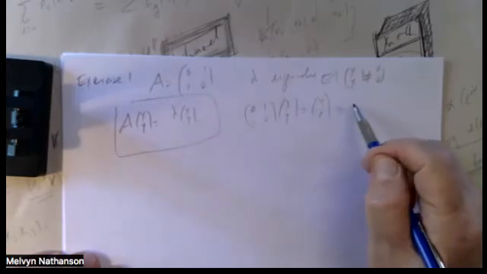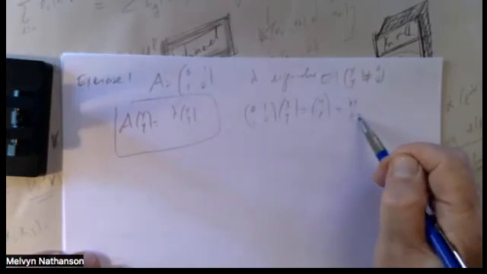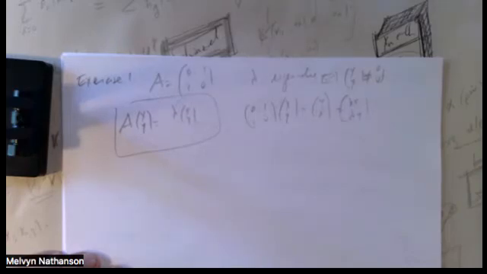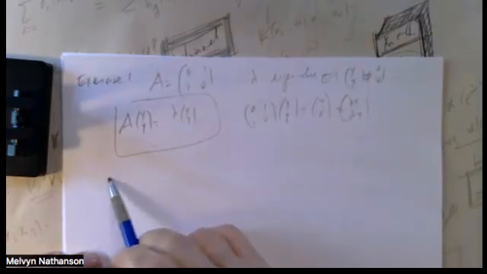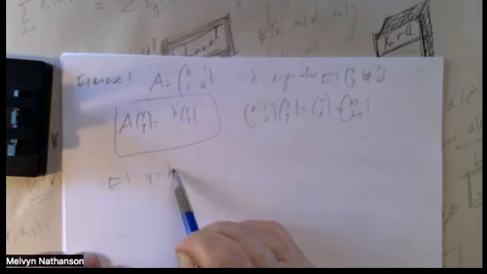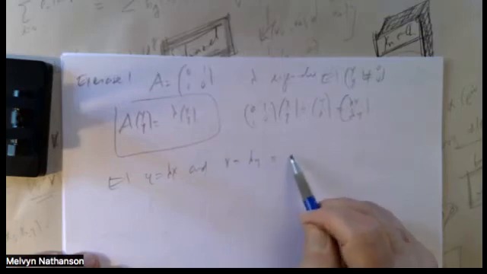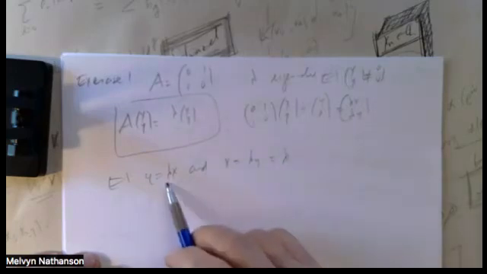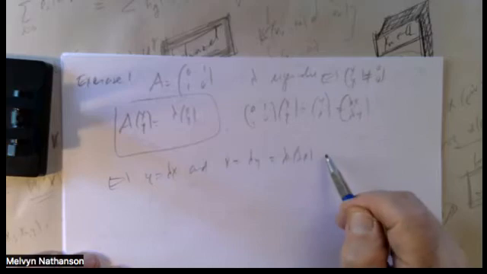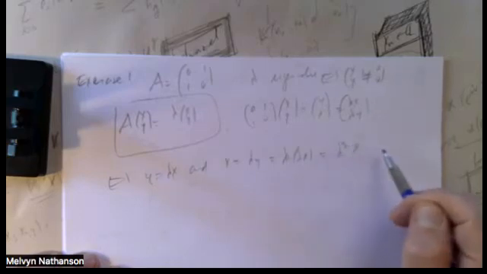And then we want that to equal (lambda x, lambda y). So that's true if and only if y equals lambda x and x equals lambda y. So if x equals lambda y and y is lambda x, then x is equal to lambda times lambda x, which is lambda squared x.